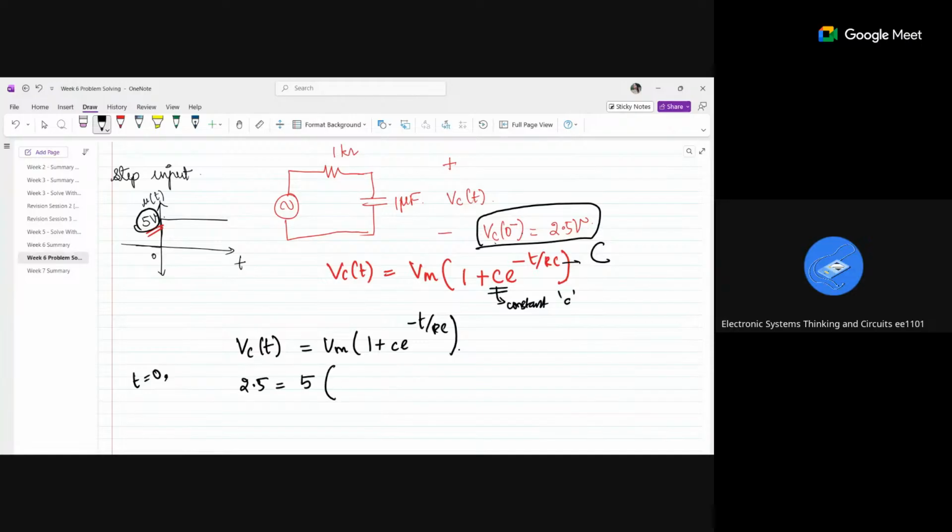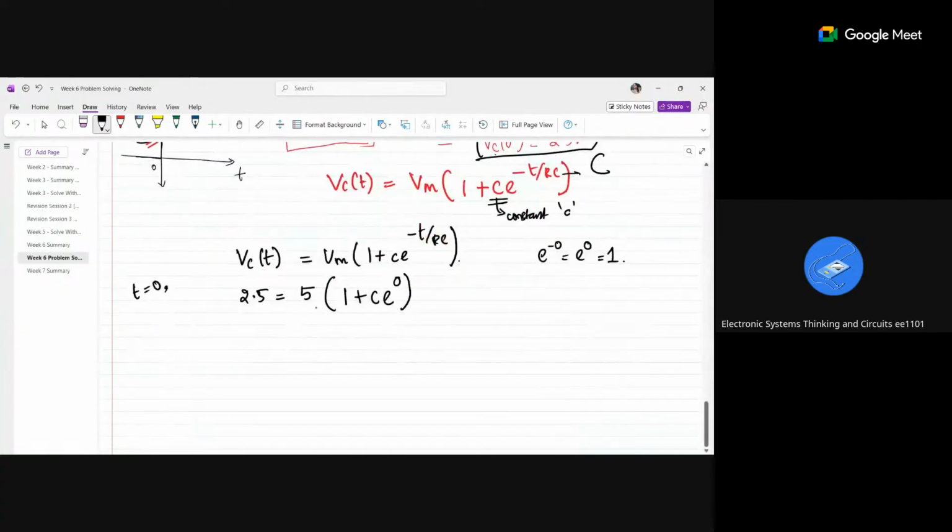With t as 0, e power minus 0 is equal to e power 0, which is equal to 1. So 2.5 divided by 5 is equal to 1 plus C into 1. So C is equal to 1 by 2 minus 1. Yes, so it's minus 0.5.